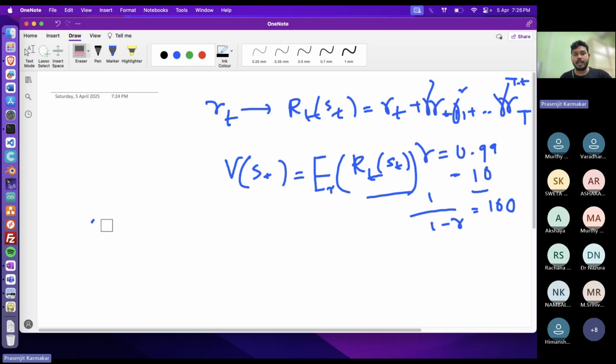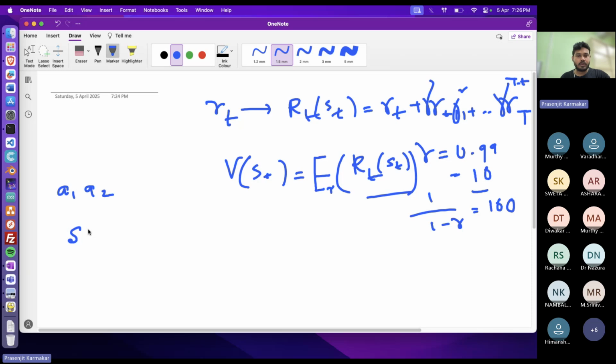Now, because the action came into the picture, let's say one state S, you can take action A1 or A2, and based on that you can go to the next possible states.